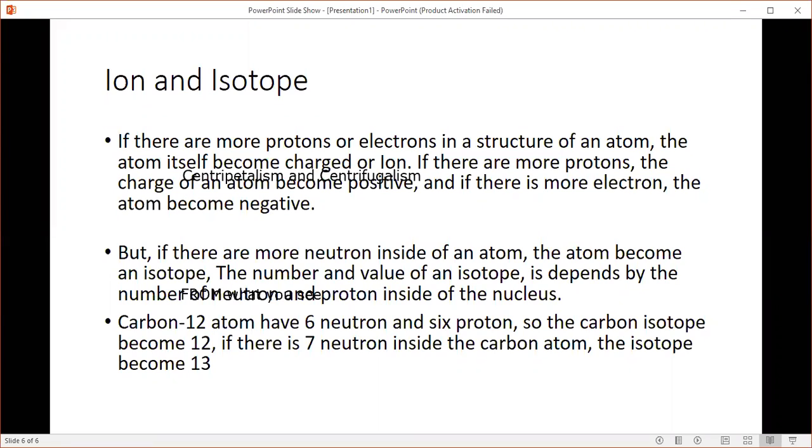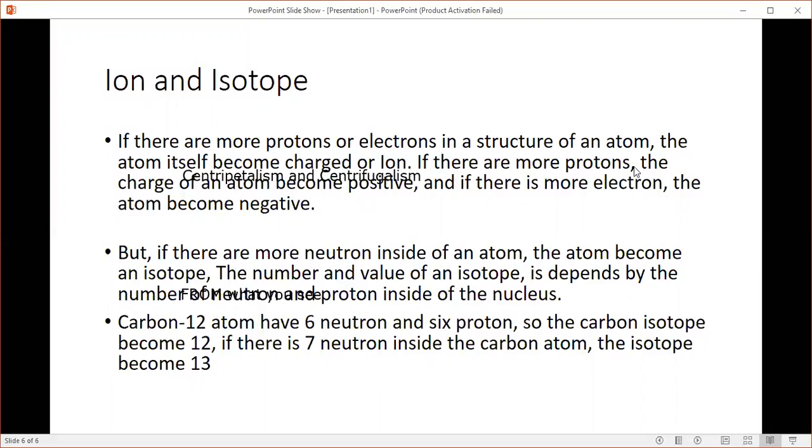If there are more protons in the structure of an atom, the charge of the atom becomes positive. As you know, among the subatomic particles, proton is positive. So if there are more protons inside the atom, because the proton is dominating the structure of the atom, the charge of the atom itself becomes a positive ion. Or we can also symbolize it with a plus.